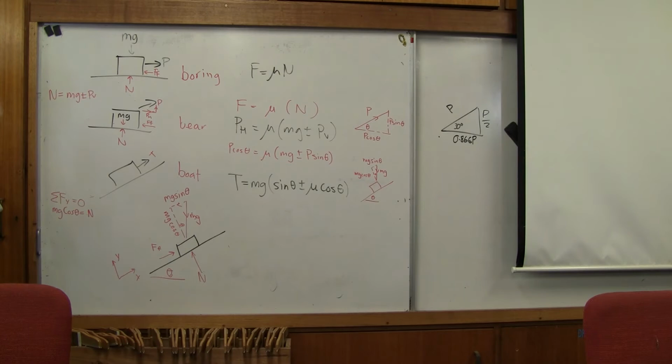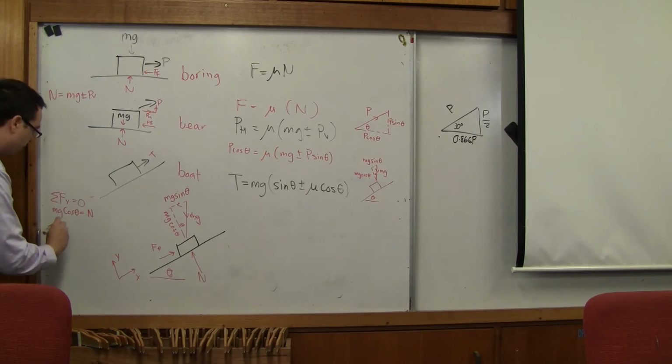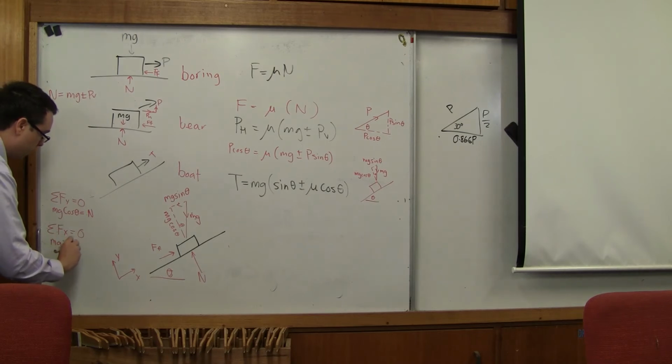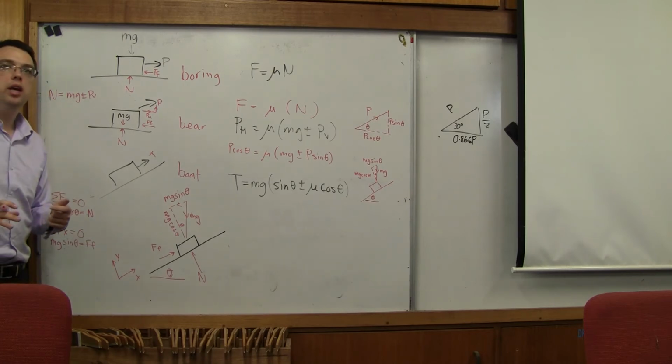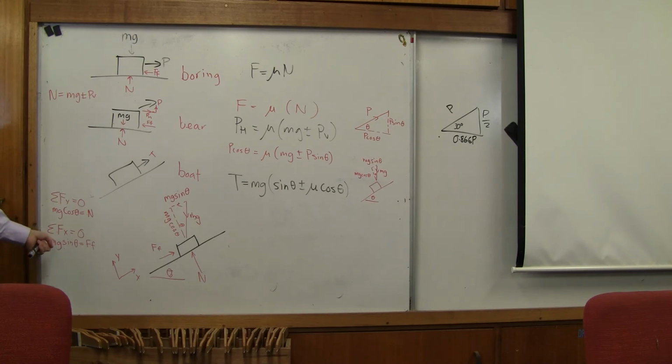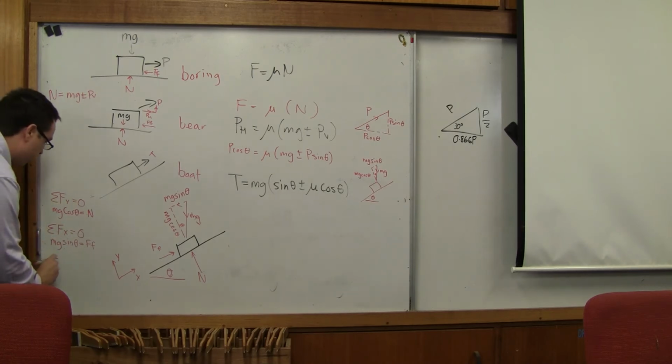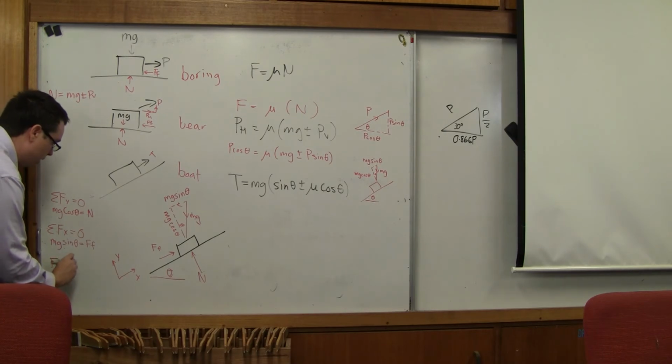The question is, what is the force of friction in this calculation? So let's have a look. We have the sum of Fx equals 0. We know that mg sine theta equals friction. Now we can apply that with our third formula to complete the simultaneous equation, which is F equals mu n.